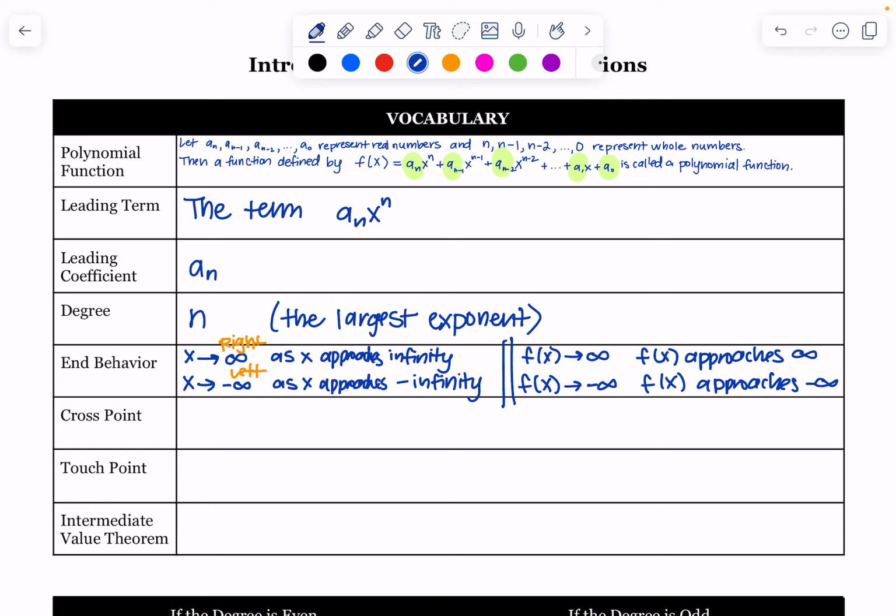All right, a cross point, again, will make more sense when we get into some problems.